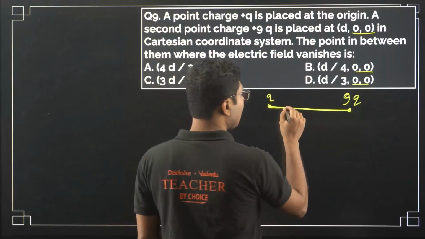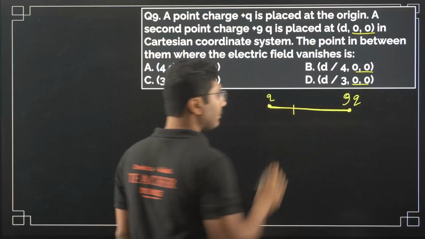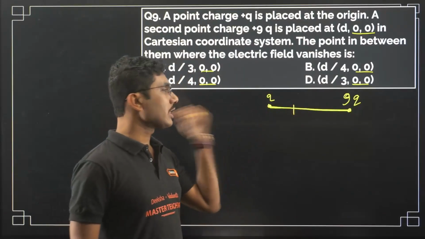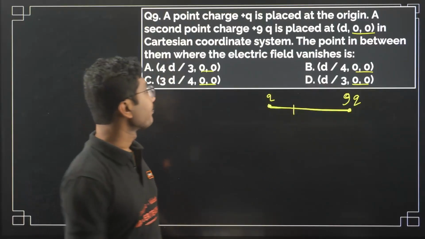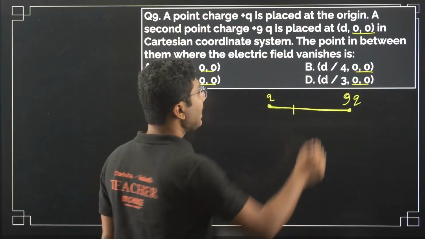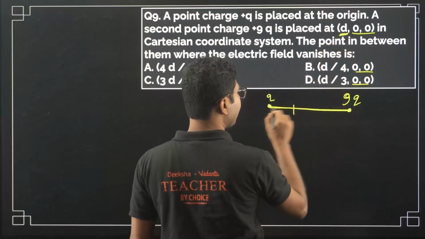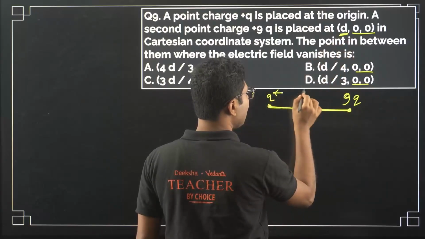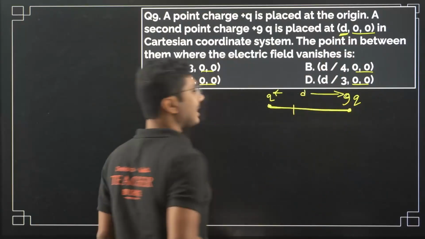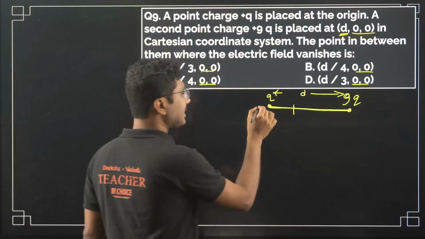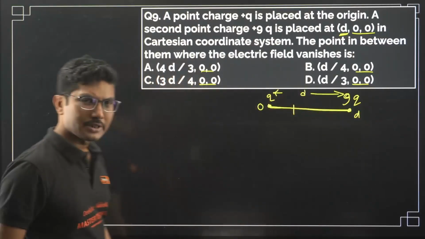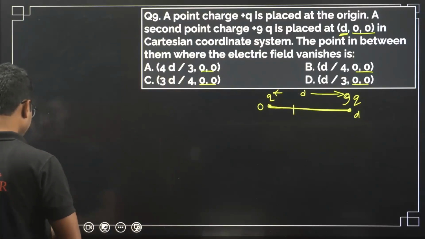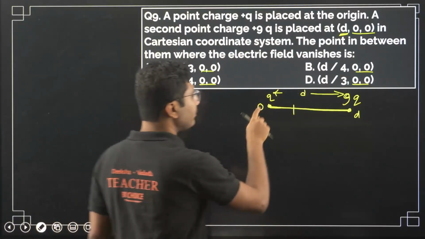It will appear closer to the smaller charge than to the bigger charge. From this question, the distance between these two charges is basically small d. If this is at 0 and this is at d, that means the distance between them is d. This is how they are trying to trick you.